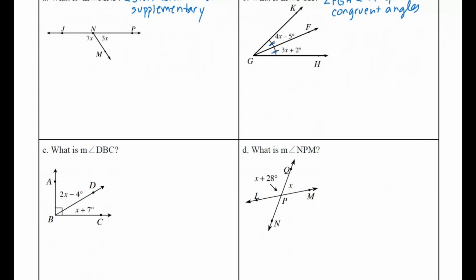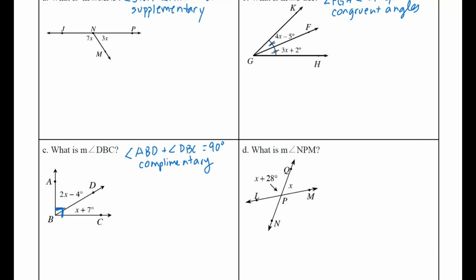Okay, part C. Right away, looking at this, I see that these angles are complementary, meaning they add to 90 degrees. Angle ABD plus angle DBC should equal 90 degrees. They are complementary. And I know that because I have this little square in the angle telling me so.